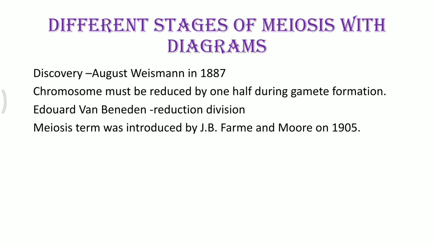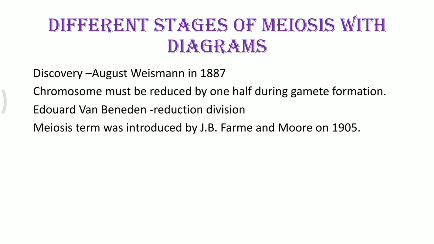Different stages of meiosis with diagrams is something which is there in our syllabus, and we have to discuss it in detail. The process of meiosis was discovered by August Weismann in 1887, and he predicted on various theoretical grounds that the number of chromosomes must be reduced to one half during gamete formation, so that the chromosome number of a species is maintained.